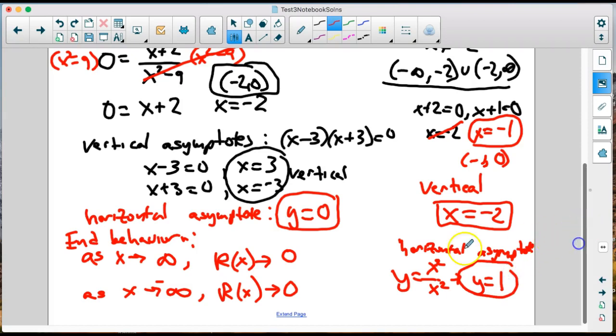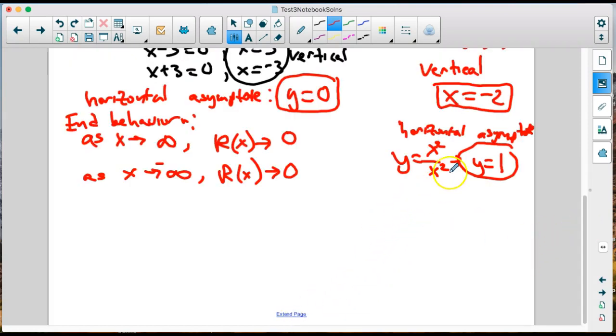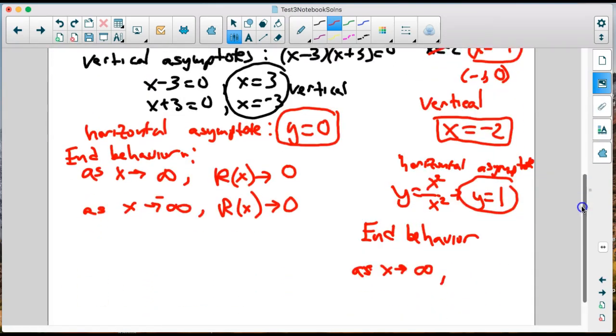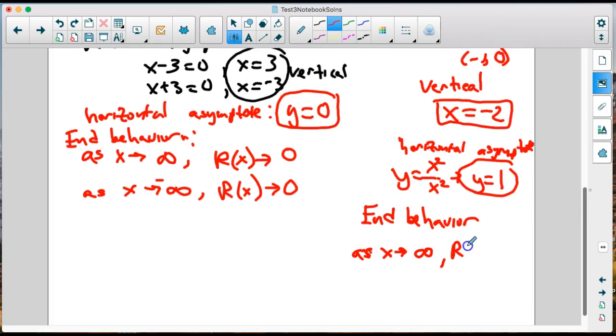And the final thing here, end behavior. Since we have a horizontal asymptote at y equals 1, our end behavior, similarly to the first one, is that as x approaches infinity, your function, capital R of x, is going to approach 1 because of the horizontal asymptote.